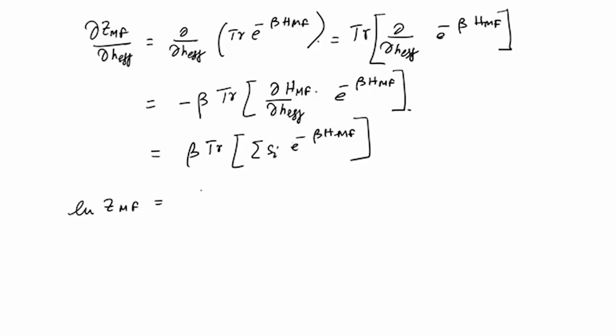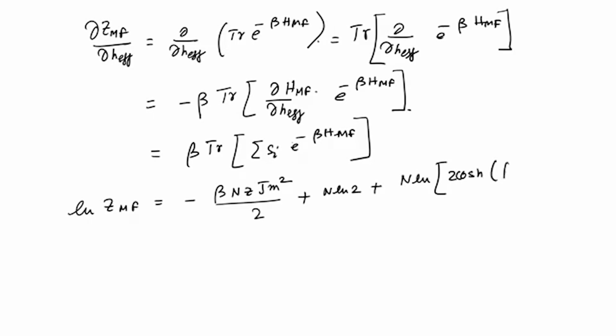Now we go and calculate log of ZMF, which is equal to, from the expression that we have for ZMF, we can use that, and we get this beta n Z j m square by 2, and then we have n log 2 plus n log of 2 cosine hyperbolic beta H effective.